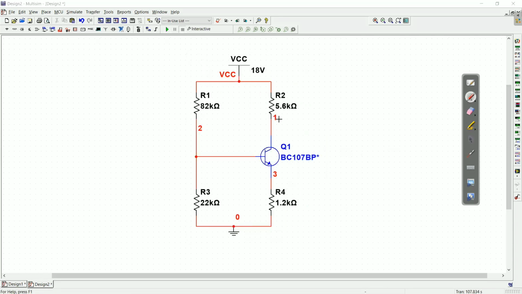Now, as I said, we need the current flowing here, that is IC, and we need the voltage between this, that is V1 minus V3.